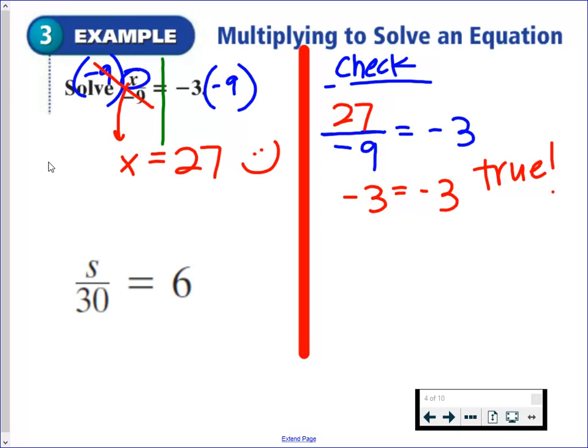On the second one, remember I'm trying to get S alone. This says divide. I write multiply. No X's for multiply. That's an algebraic mess. You can write a dot or you can use parentheses.